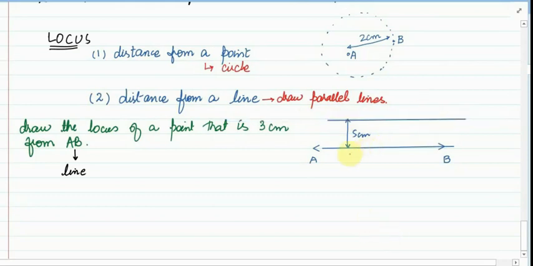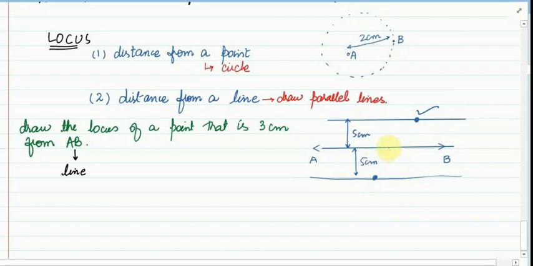Alright, so that is a line, but you need to draw two lines because both are possible answers. If a particle lies here, it is 5 centimeters from AB, the condition is satisfied. If a particle lies here, it is 5 centimeters from AB, the condition is also satisfied. So whenever you are dealing with the distance from a line, you need to plot two lines that must be parallel with your main line.